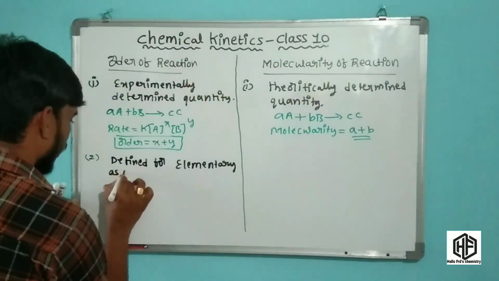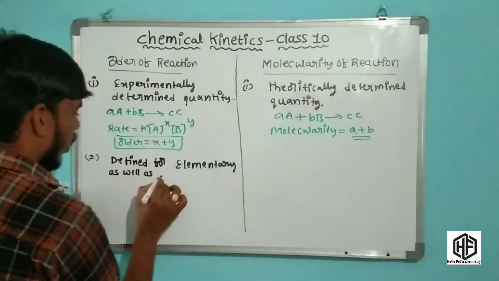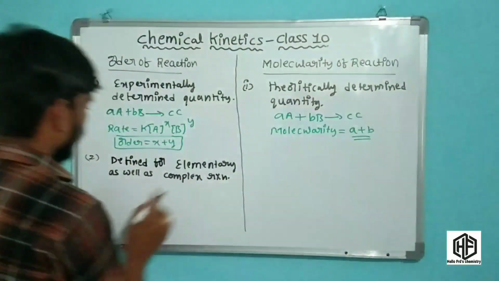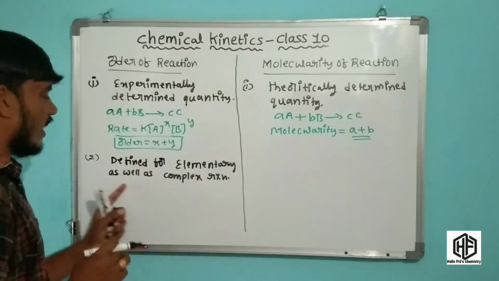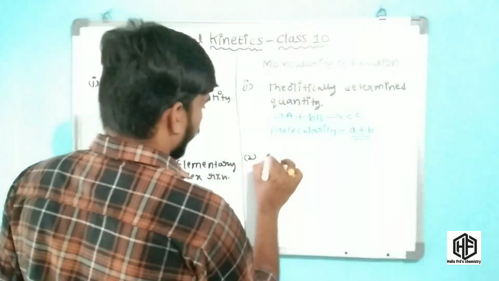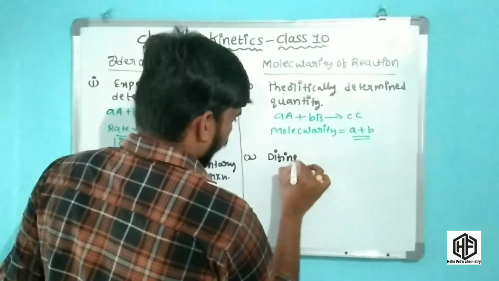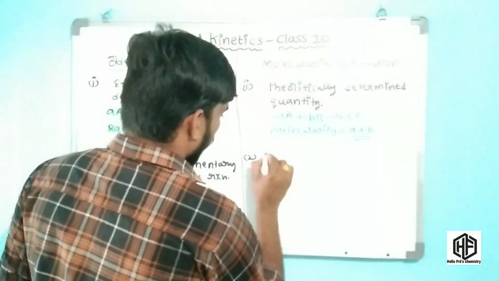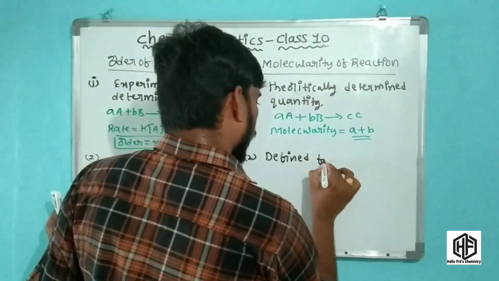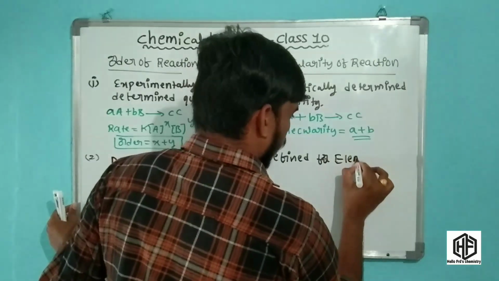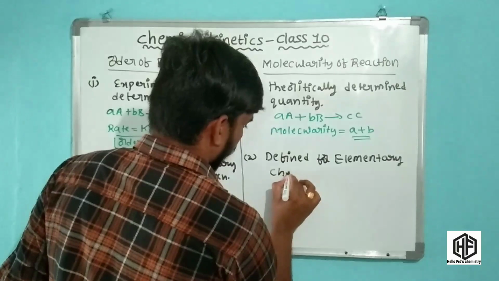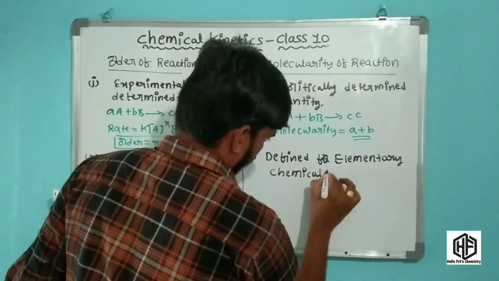Order of reaction is defined for elementary as well as complex reactions, but molecularity of reaction is only defined for elementary chemical reactions.